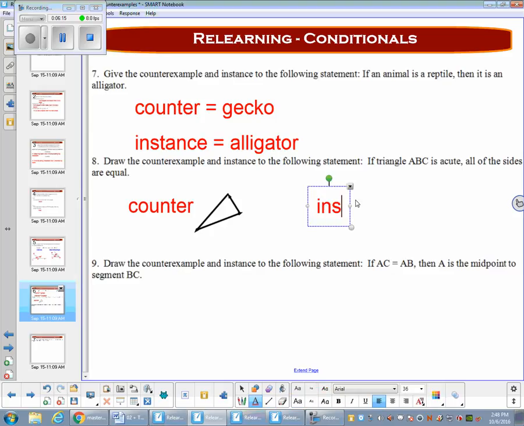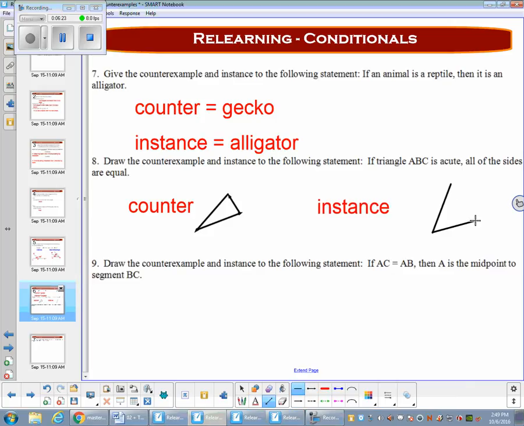But our instance would be drawing a time when this is true. So you draw a triangle and make the sides as equal as possible. And to note it, you can just say this side's equal to this side, which is equal to this side.